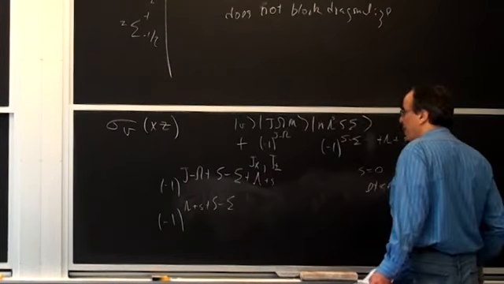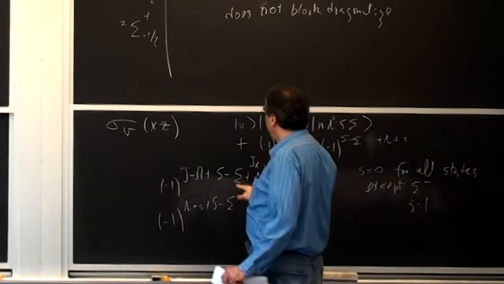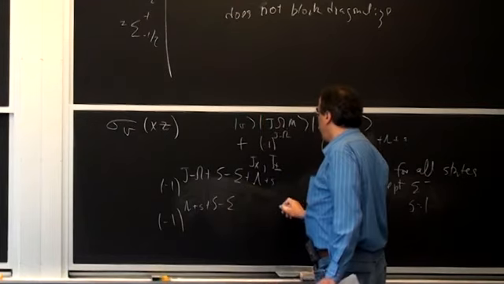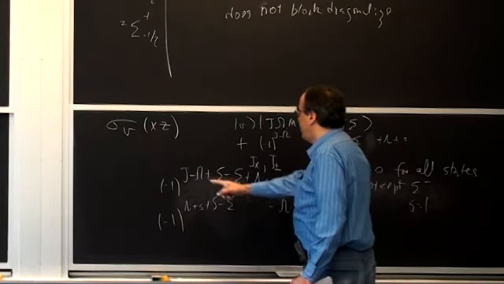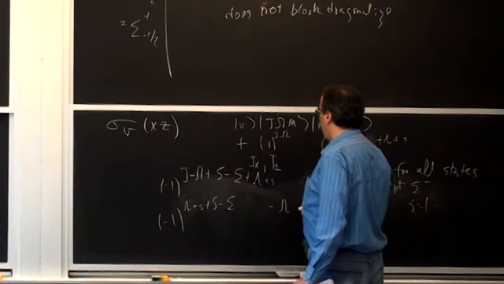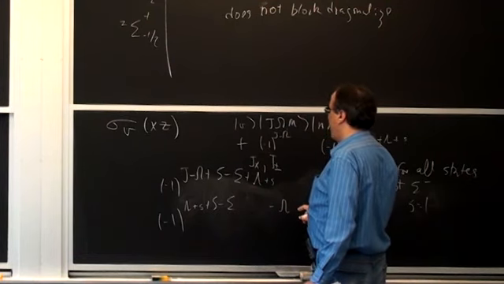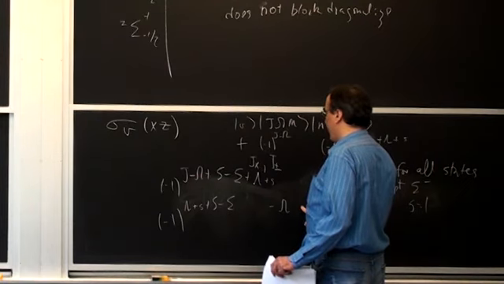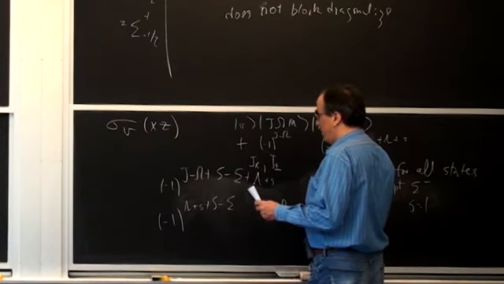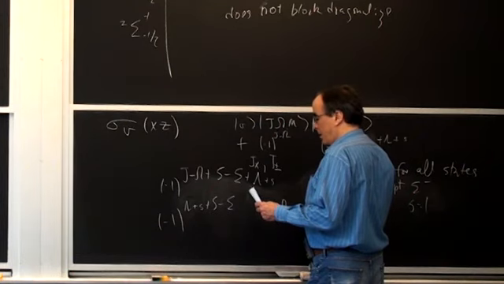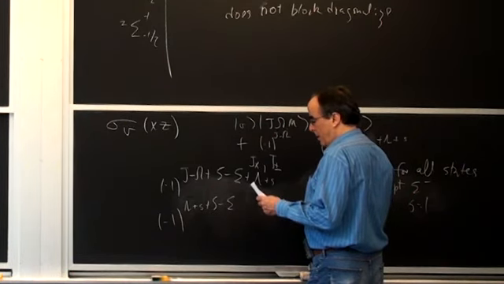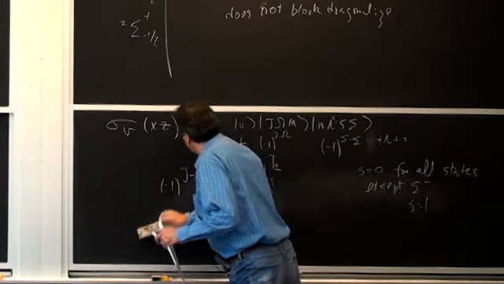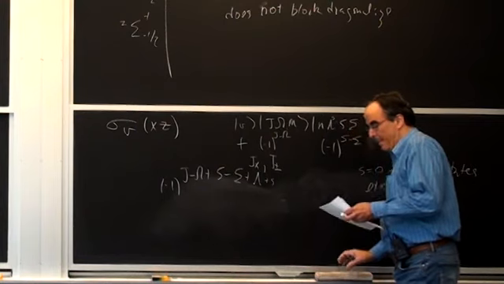Okay, and so there's lots of ways of doing that. What we really want to do is show that minus omega... oh, I see what I've done. I've written something that's wrong.